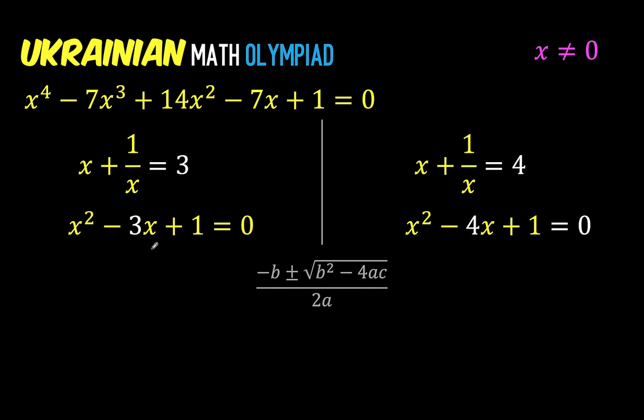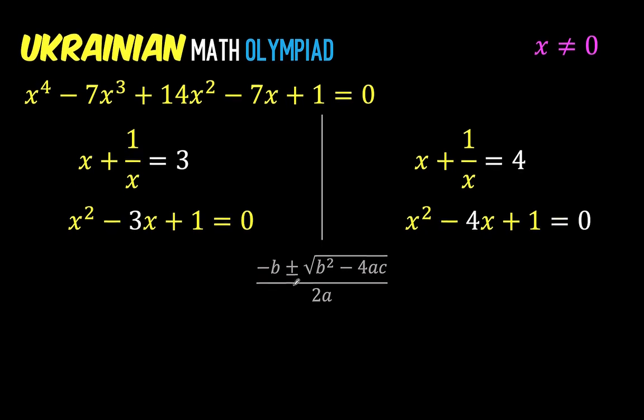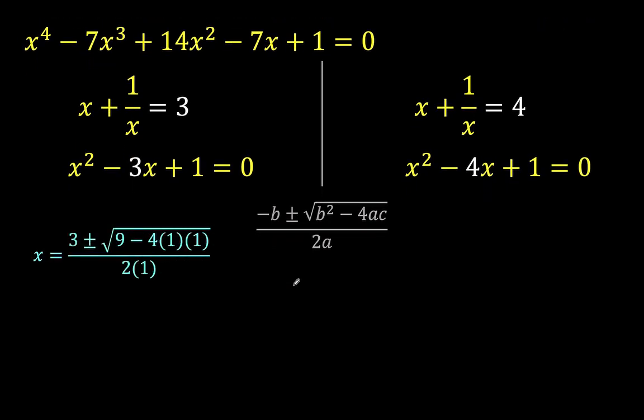Substituting those values for a, b, and c to the quadratic formula, this is now the result. We have x equals 3 plus or minus the square root of 9 minus 4 times 1 over 2 times 1. The radicand here simplifies to 9 minus 4, which is equal to 5. So we have 3 plus or minus the square root of 5 over 2.